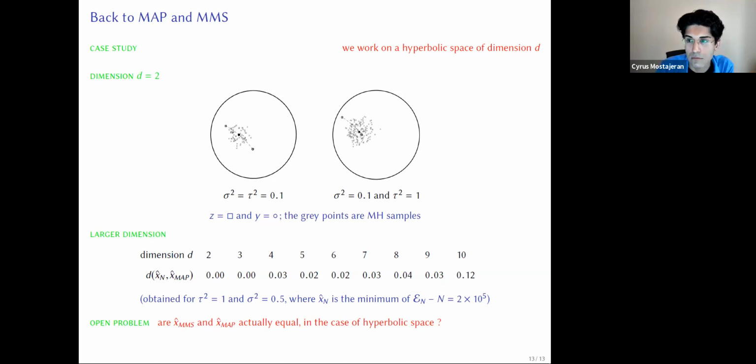The big question, I agree with you, would be to identify this hidden symmetry, which is related to having circular isotropic Gaussians. It wouldn't hold otherwise. But what is this hidden symmetry? I'm not sure, I haven't formulated it yet. Good.